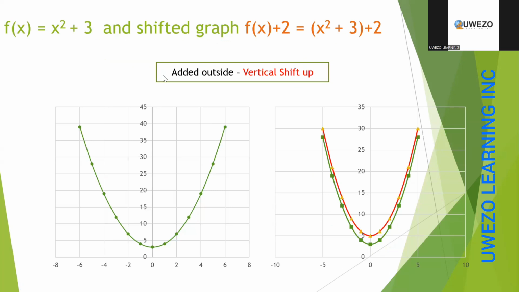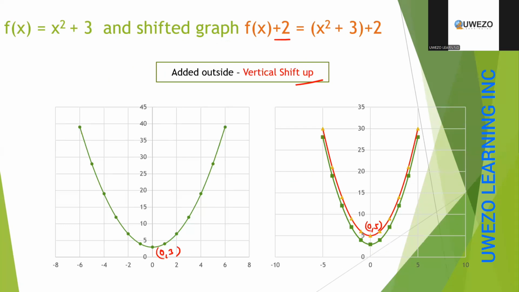Now for the vertical shift, we simply add a constant outside the function. So if I add 2 outside f of x, the graph will move up. So the vertex will shift from (0, 3) to (0, 5). The graph goes up by 2 units.